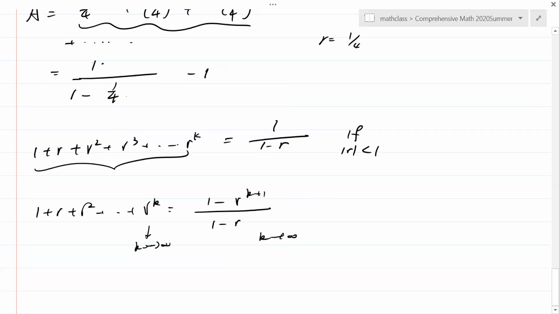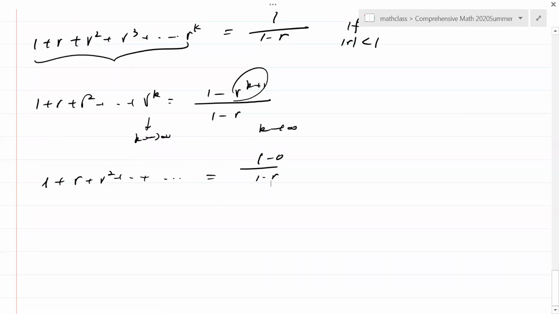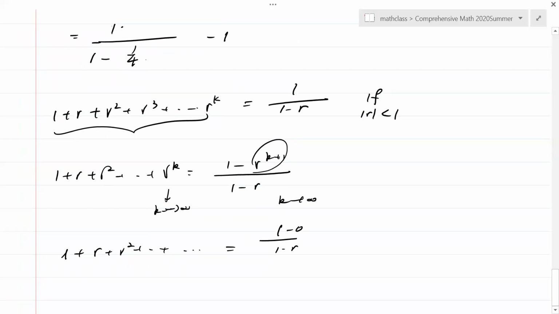So if the absolute value of r is less than 1, this approaches 0. Okay, so you will get 1 minus 0 over 1 minus r. Okay, so we have this formula. We use this formula to solve the above problem.